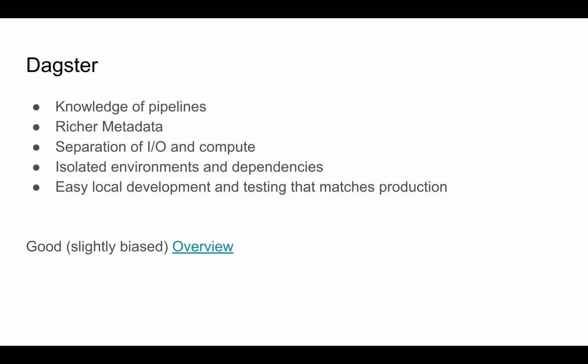This is where Dagster is different than some previous orchestration tools in that one, it knows a lot about your pipelines. It knows a lot about what the nodes that make up a graph rely on, what resources and external dependencies they reach out to. So this lets them have a lot of very rich metadata about what's happening, which really lets you know a lot about your pipelines.